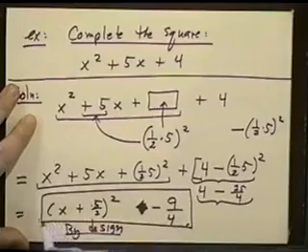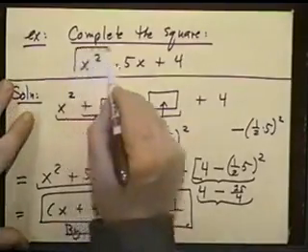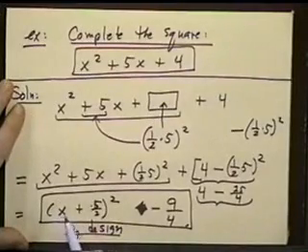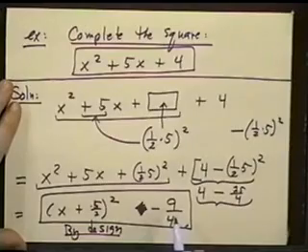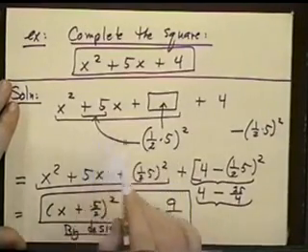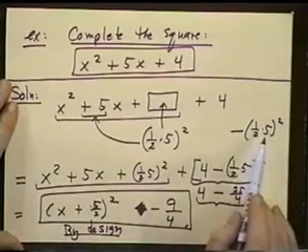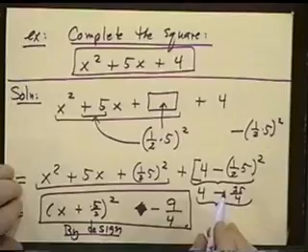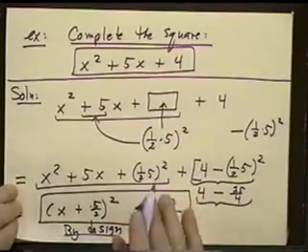Now you can check the arithmetic on your own, but I've started out with this trinomial, which was not a perfect square, and I've rewritten it as a perfect square minus a constant. That's the technique of completing the square. And if you follow this method more or less, you should avoid making mistakes. Now I'm going to show you a couple of other variations on this so you can see what might happen. But this is the basic technique.